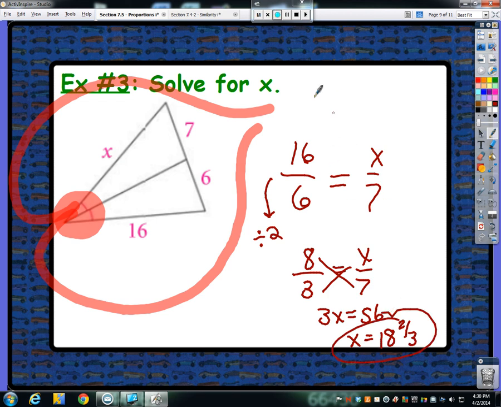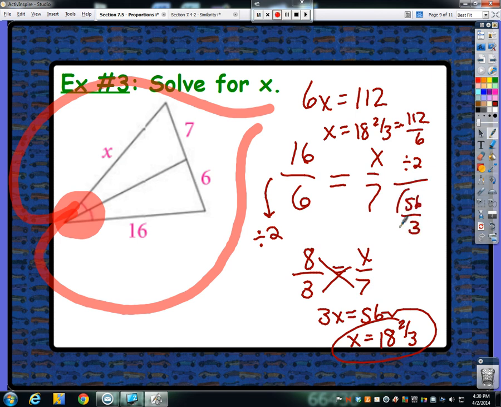When I had the original 6x equals 112, 112 divided by 6 is 18 and 2/3. AKA it's 112 over 6, which if I divide both those numbers by 2, I would get 56 thirds, which is also the same thing as 18 and 2/3. So sorry for the mistake, my bad.